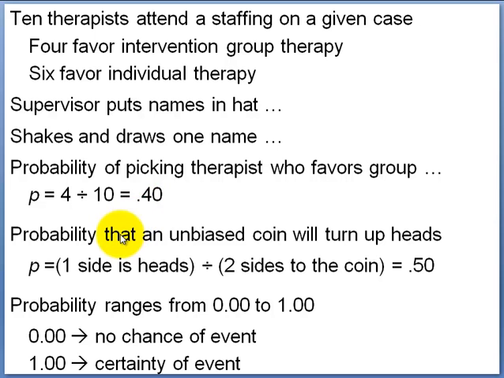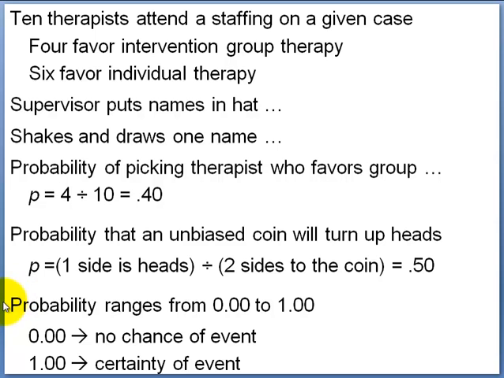What is the probability that an unbiased coin will turn up heads? So here P would equal 1 side, the event with the characteristic of interest, heads, divided by the total number of sides, 2, and P would calculate to 0.50.